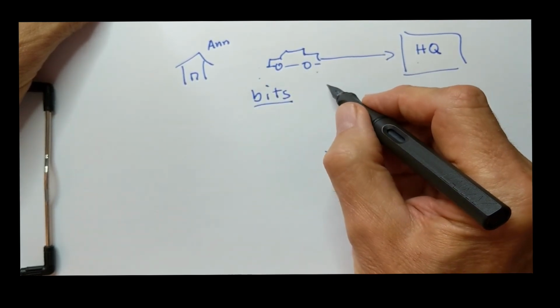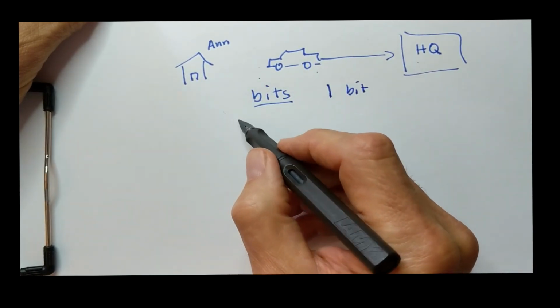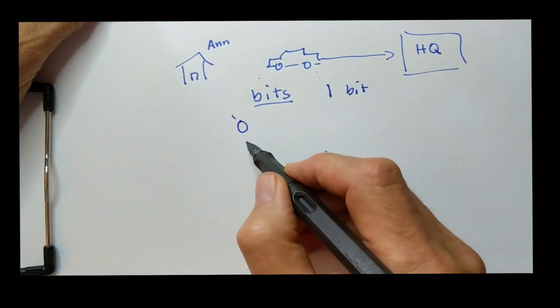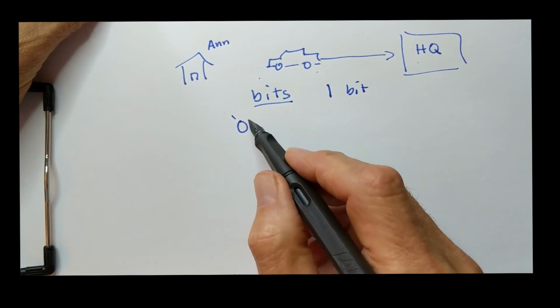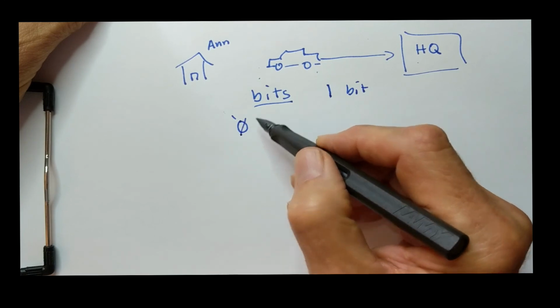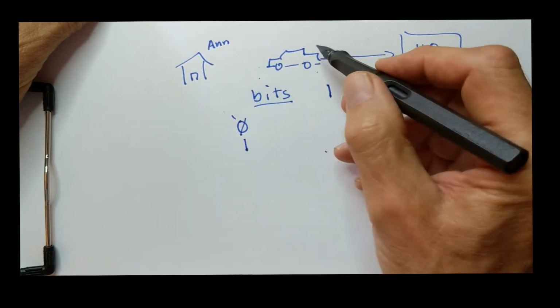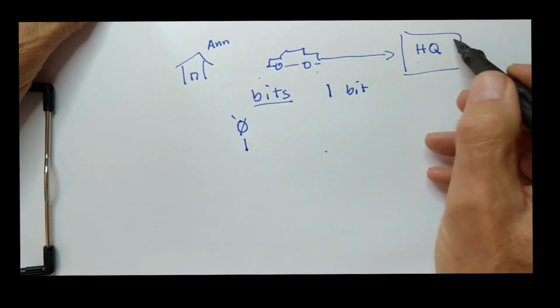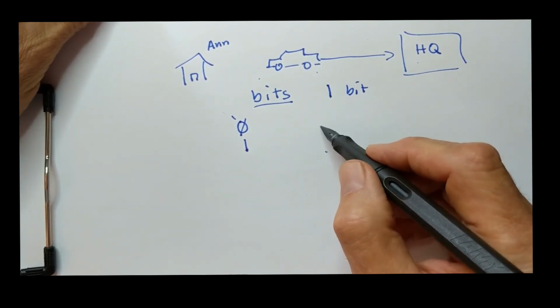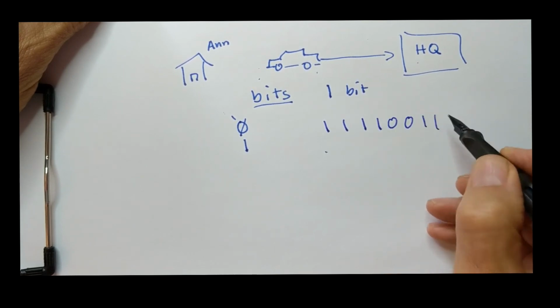And the answer is we need 1 bit. If Anne's in the house, for example, we can say 0, and if Anne's not, let's do the reverse. If Anne's not in the house, we'll say 0, and if Anne's in the house, it's 1. So, say hourly, this person reports back to headquarters, and it would just be a string, so we can say 1 1 1 1 0 0 1 1.